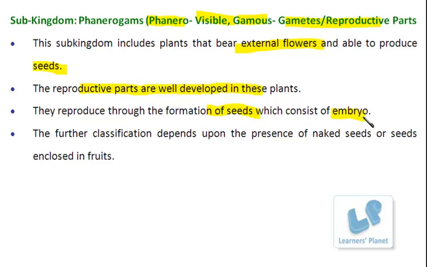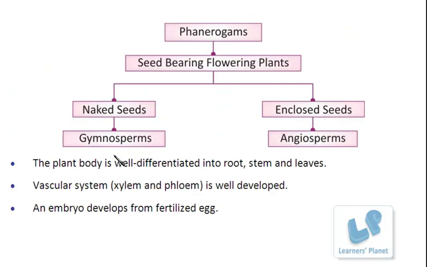The zygote develops into the embryo, and this embryo is enclosed inside a particular hard coat structure, that is the seed, right? And these seeds may be present as naked structures, or they may be enclosed inside the fruits. Therefore they are subclassified into the divisions Gymnosperms and the Angiosperms.